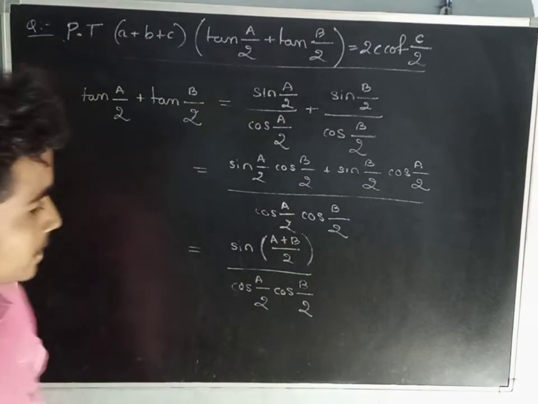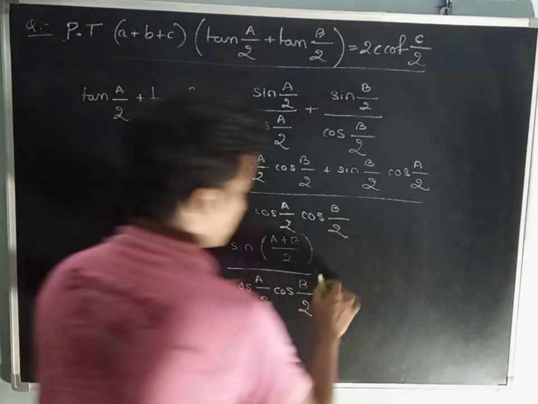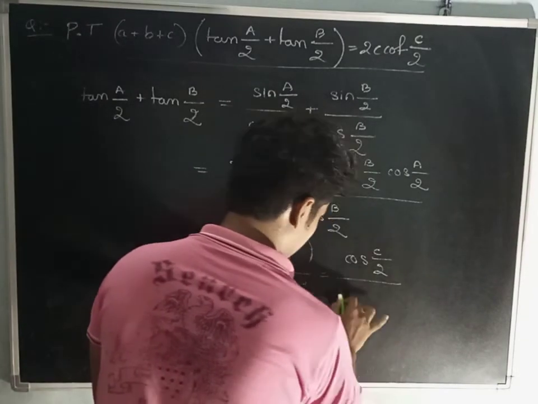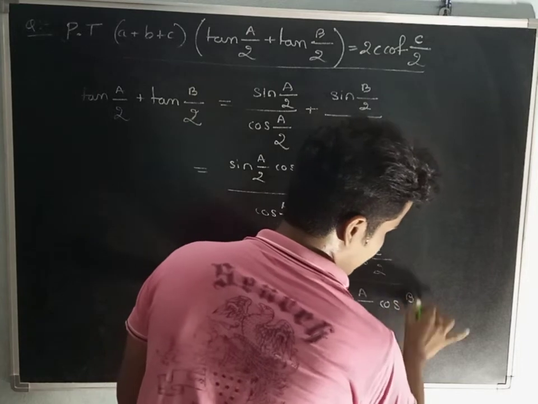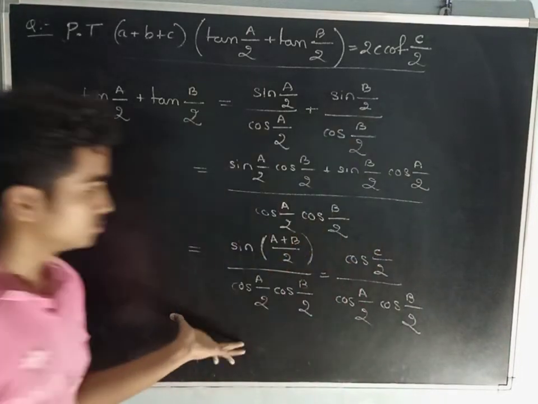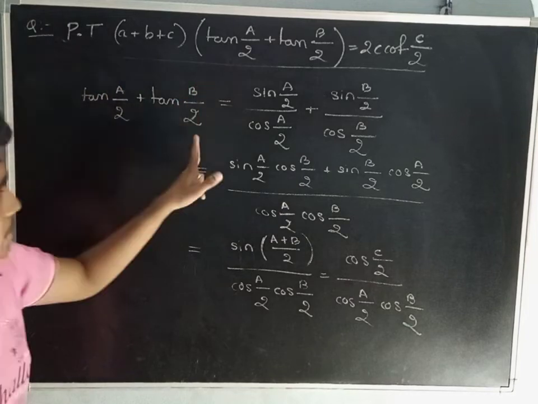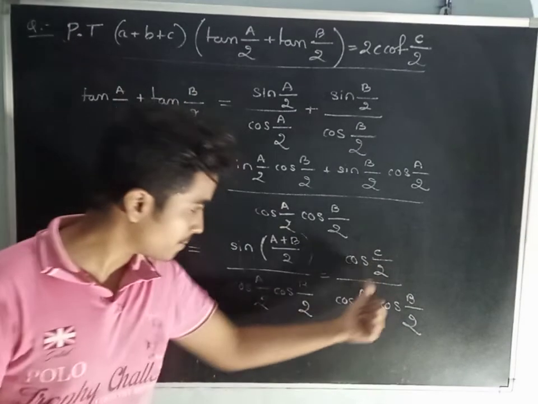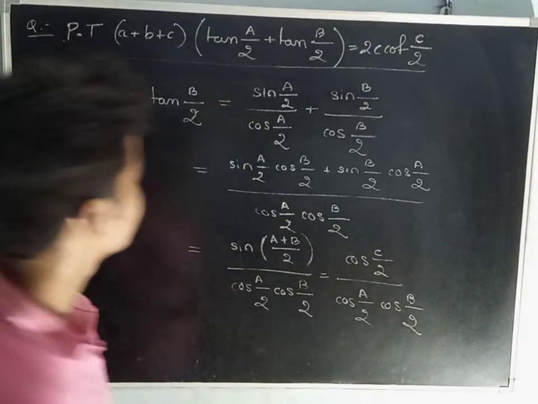Sin of (A plus B)/2. In the previous video we have already proved that sin of (A plus B)/2 is nothing but cos C/2. So tan A/2 plus tan B/2 we have got the final result as cos C/2 by cos A/2 into cos B/2.